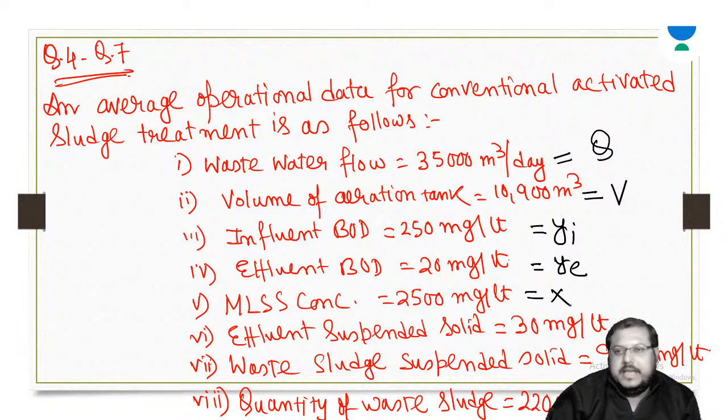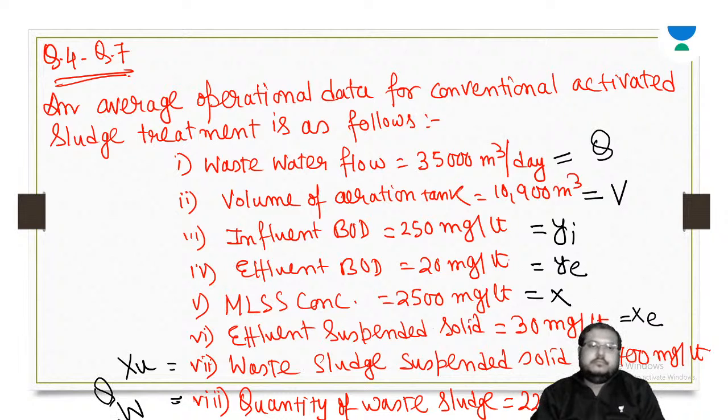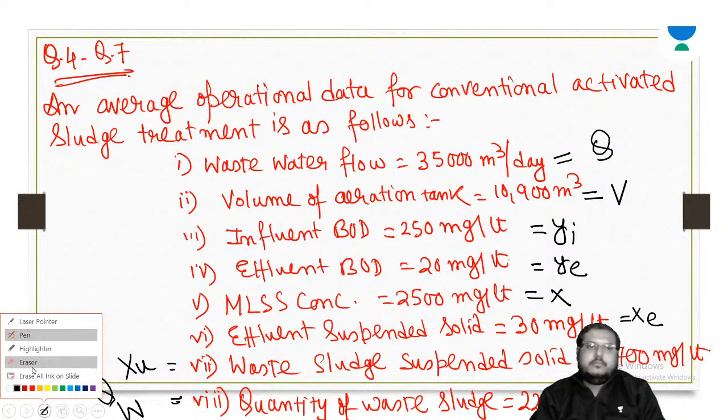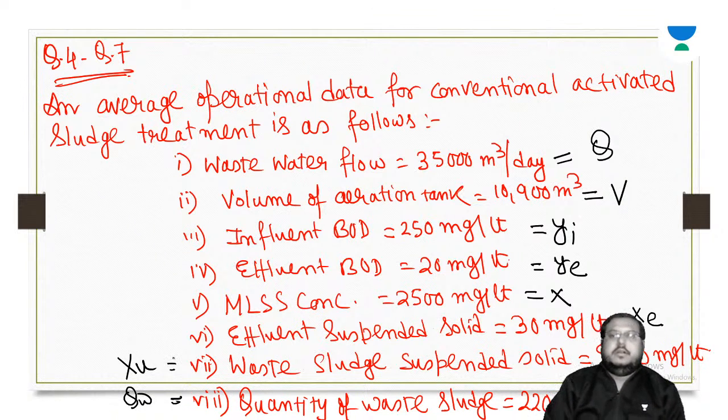MLSS concentration is X. Effluent suspended solid is XE. Waste sludge suspended solid, it's underflow rate XU, and quantity of waste sludge is QW. Now you can easily solve.